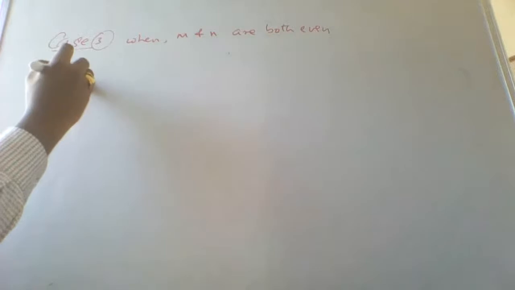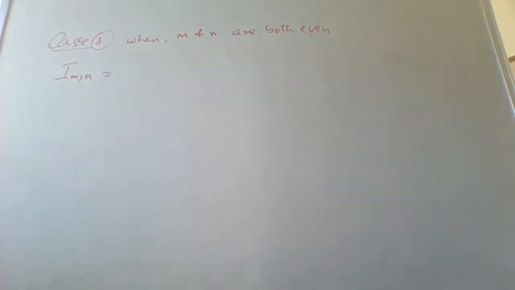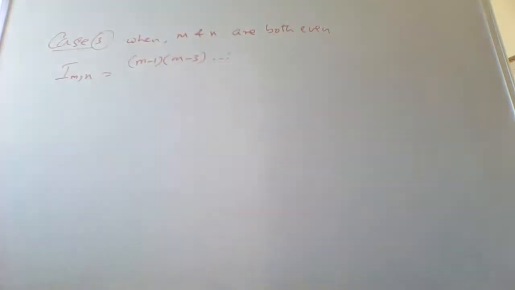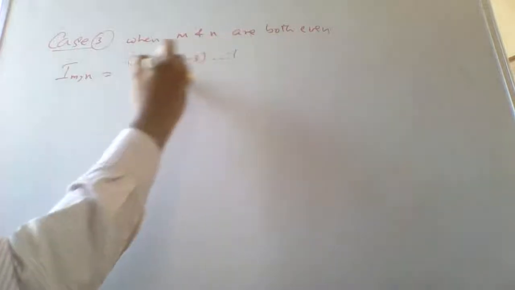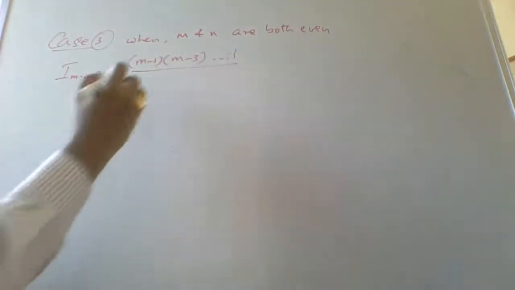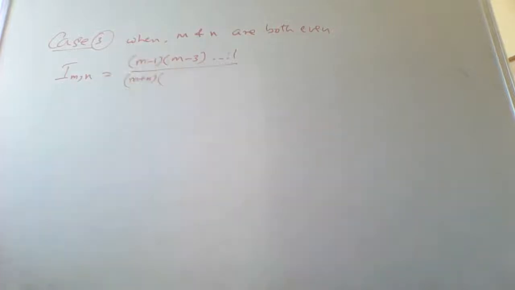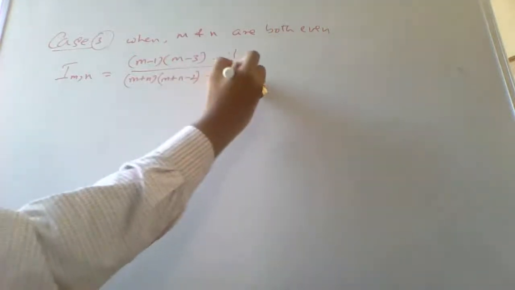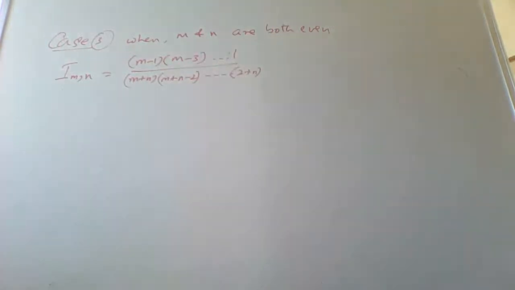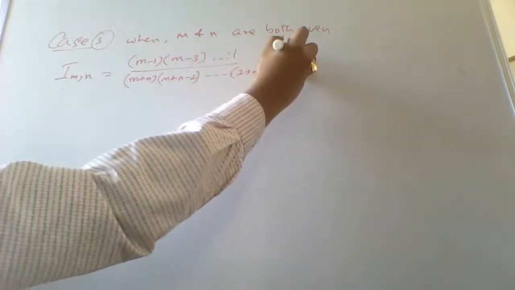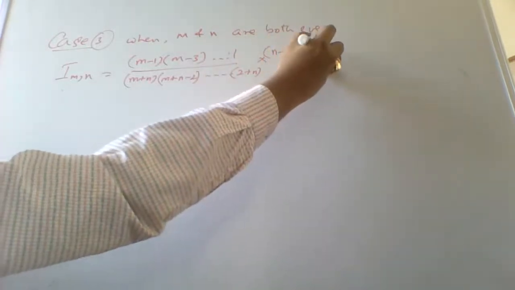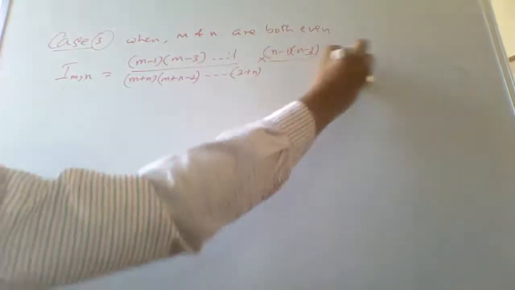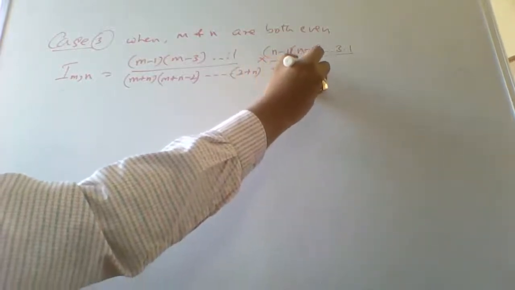So that would be I(m, n), (m minus 1) into (m minus 3), multiplied with 1. So (m plus n), (m plus n minus 2), and 2 plus, and this is multiplied by (n minus 1)(n minus 3), and 3 into 2 into 1, so n minus 4.